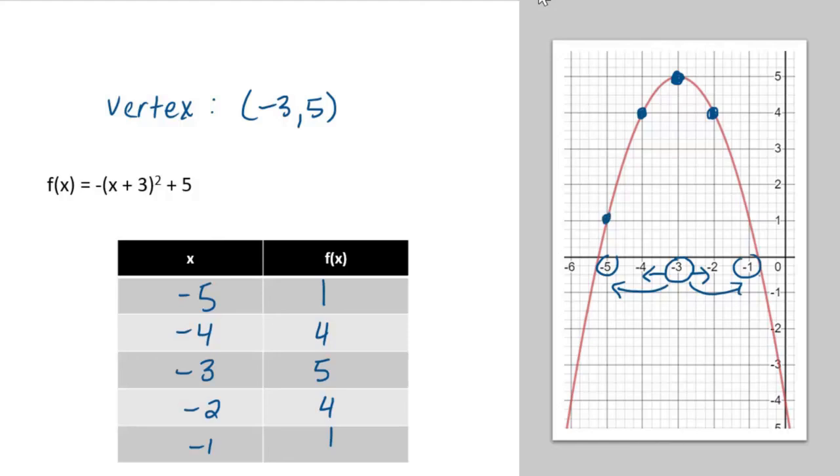We had found the points (-5, 1) and (-1, 1). With 5 points, that's more than enough to sketch the parabola. You could absolutely have used the vertex in this situation as well as the x and y intercepts to sketch it. This is just another option.